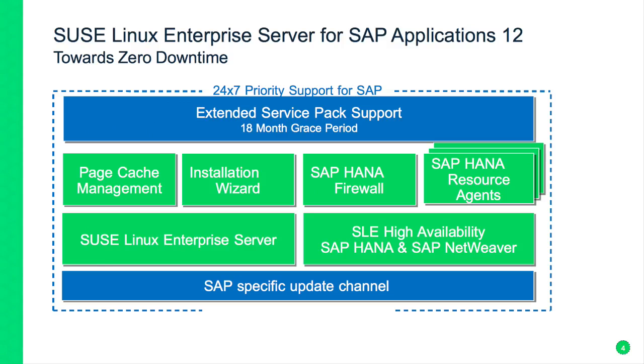The page cache management helps with how the Linux kernel deals with memory. So Linux uses all available free memory for file system caching. And if there's a lot of I/O, it will page out the application in favor of having more file system cache. In Unix systems, you can control that. In Linux, not.